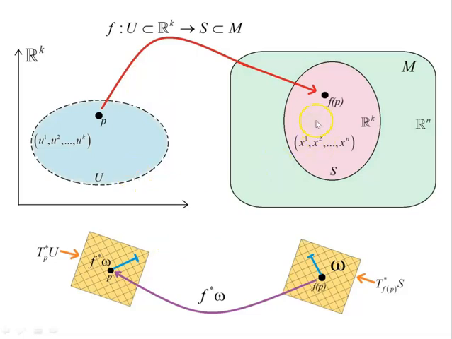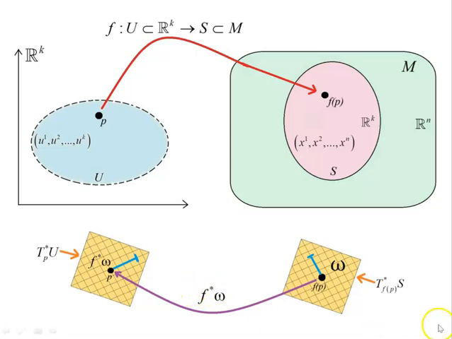On S, we have the coordinates x1, x2 up to xn, because it's an n-dimensional manifold. And on U here, we have the coordinates u1, u2 up to uk. It's a k-dimensional manifold here. And we have the cotangent space. So what we have here is a k form, pulled back to a k form over here, under the map F.